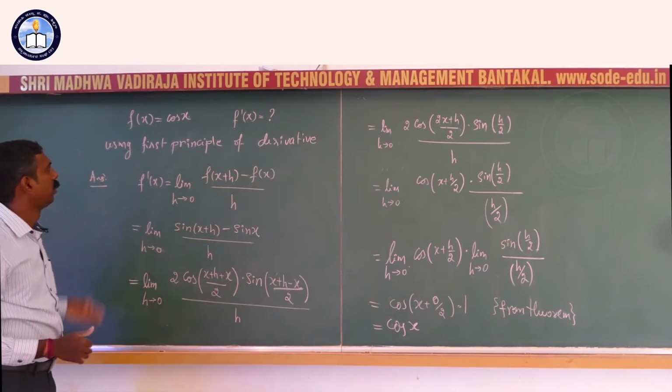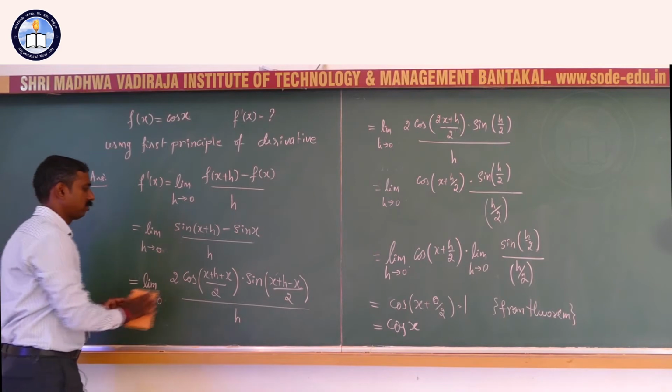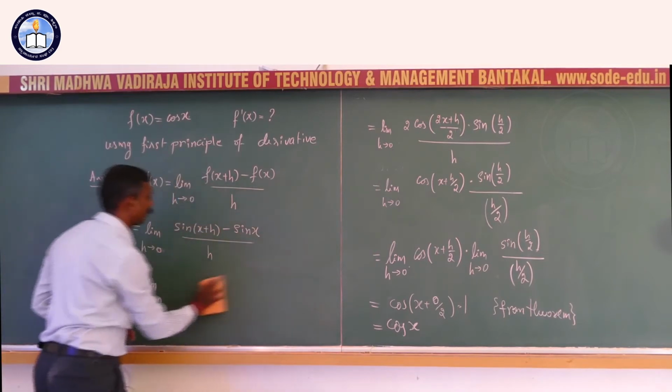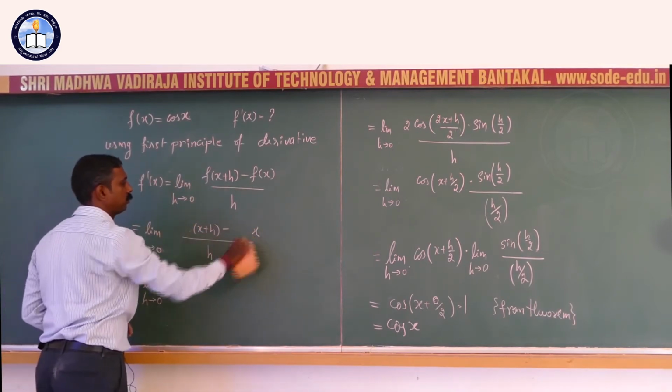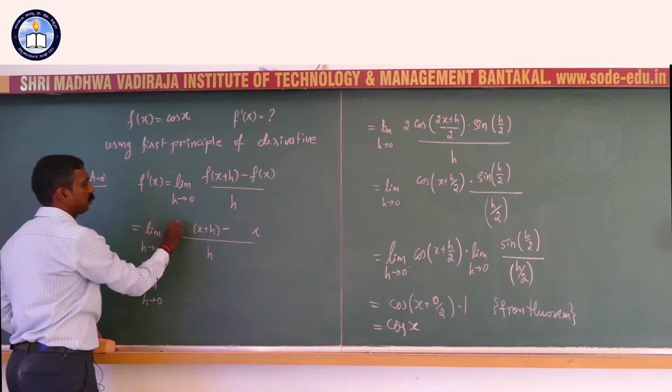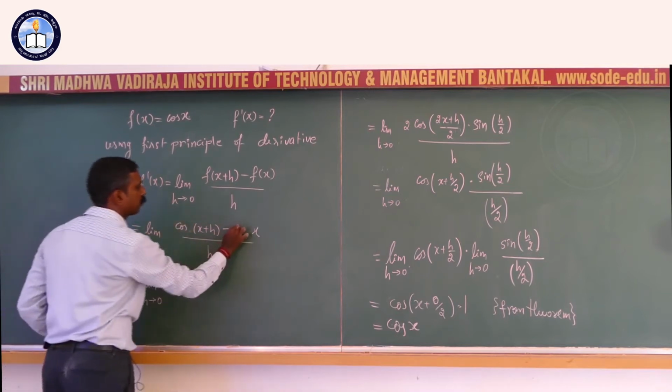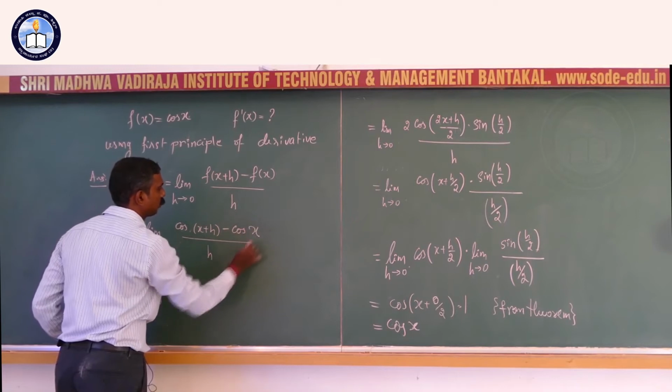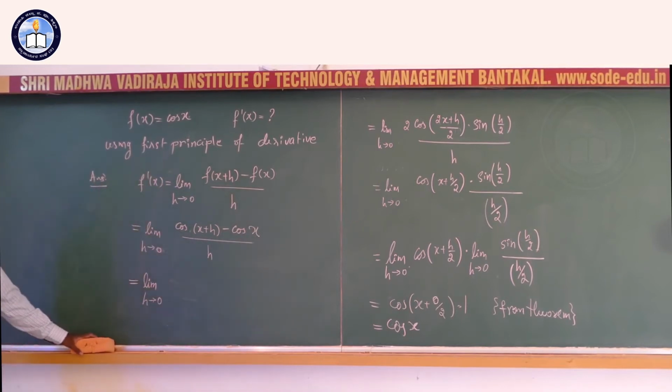Again the same thing, but instead of sine you have cos. So, limit h tends to 0, cos of x plus h minus cos x, whole divided by h.